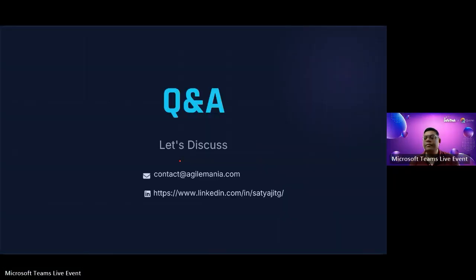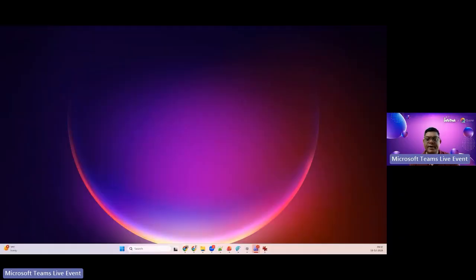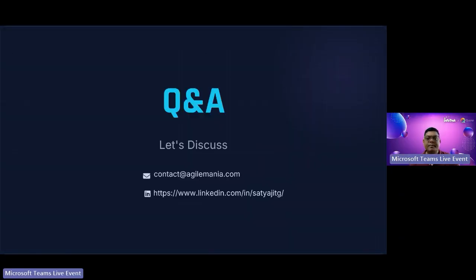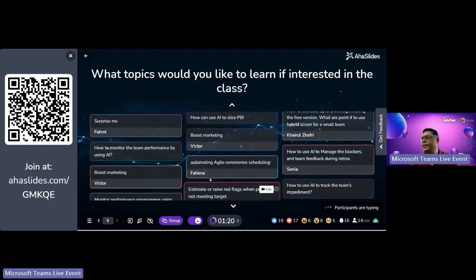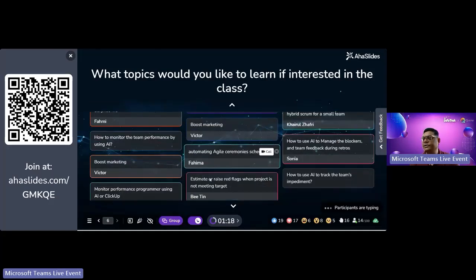Now a quick Q&A. Anybody wants to ask anything, you can type in. I will stop the sharing and then we can take questions. If people are still typing in, you can still go ahead and type. I'll collect all these wish list items.